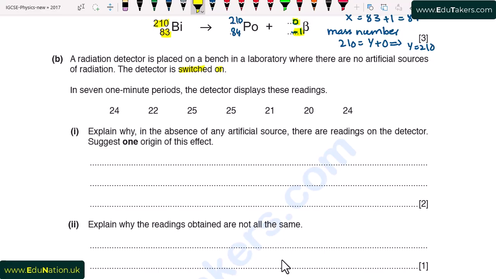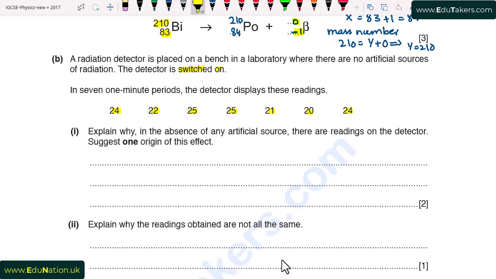In 7 1-minute periods, the detector displays these readings: 24, 22, 25, again 25, 21, 20 and 24. Part 1. Explain why in the absence of any artificial source, there are readings on the detector. Suggest one origin of this effect.